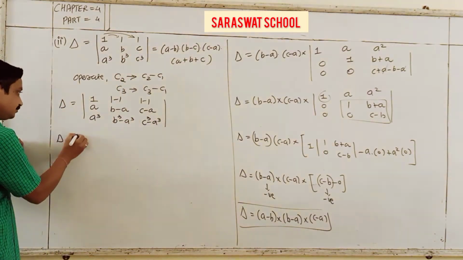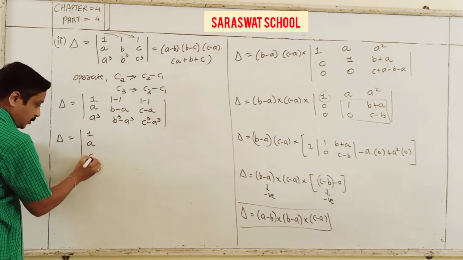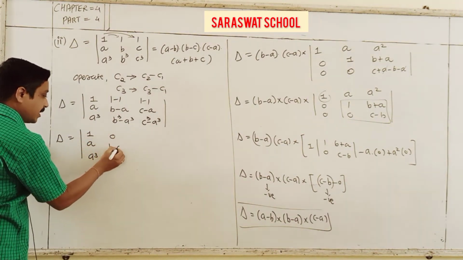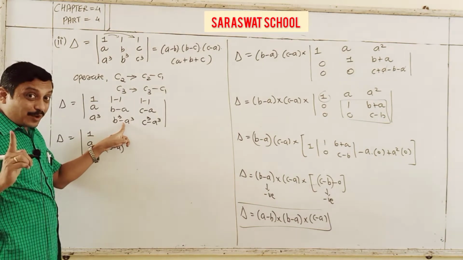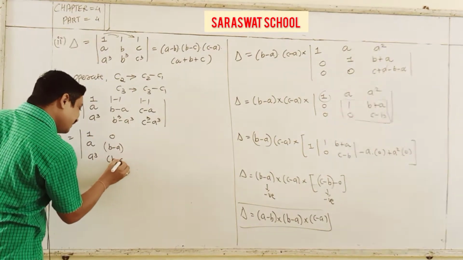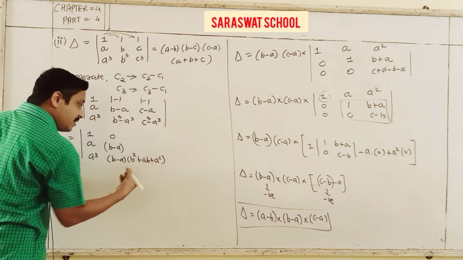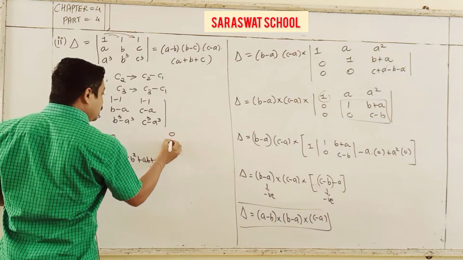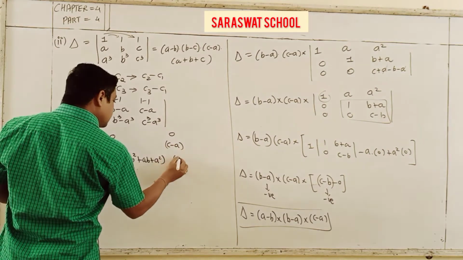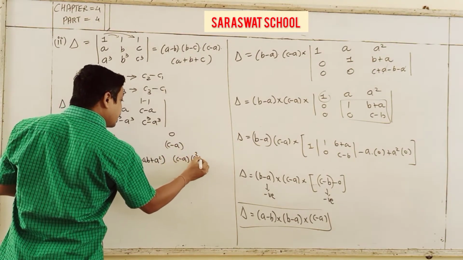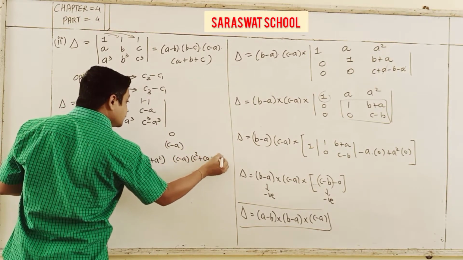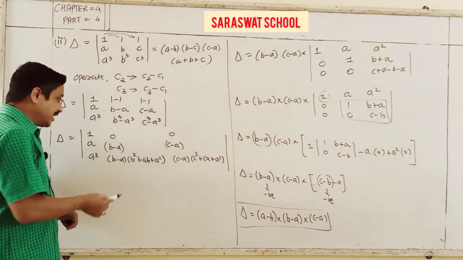Now del is 1 a cube, 0 b minus a. But here look at that property, b minus a, b square, ab, a square, and then 0 c minus a, and here also property c square, ca, a square. Now time coming to common take.